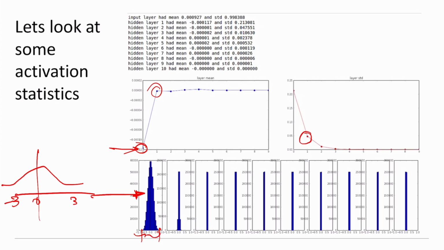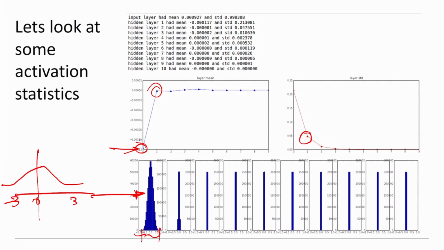And after this we have a tanh. What is the tanh doing? It's squishing everything to the range of -1 to +1. And then we apply the second layer with the second set of weight initialization, and very quickly look what happens.